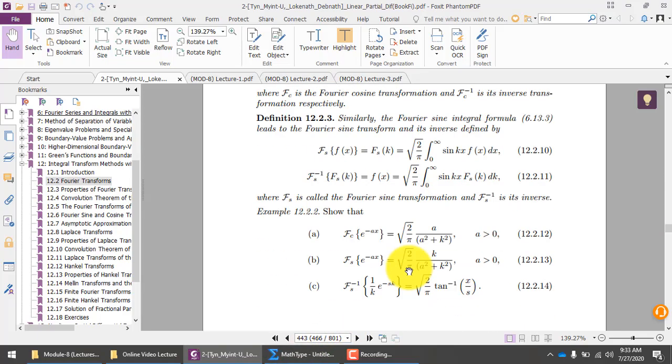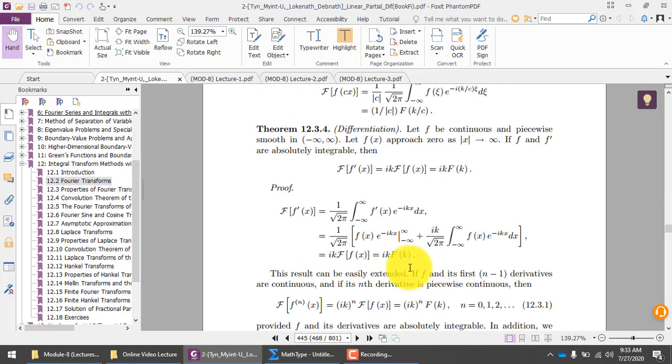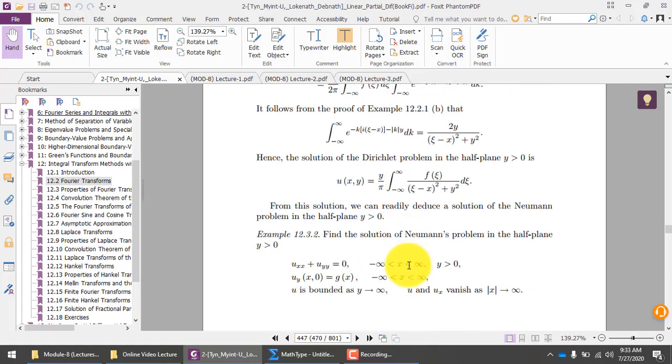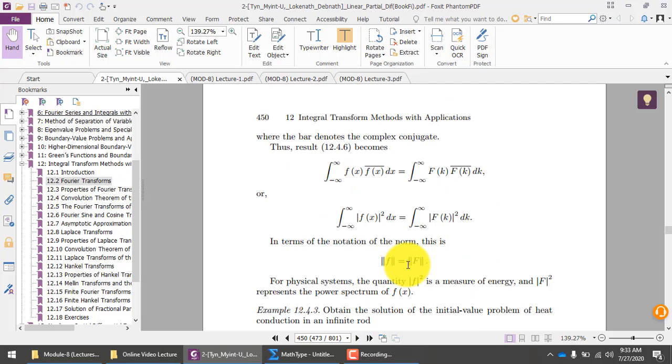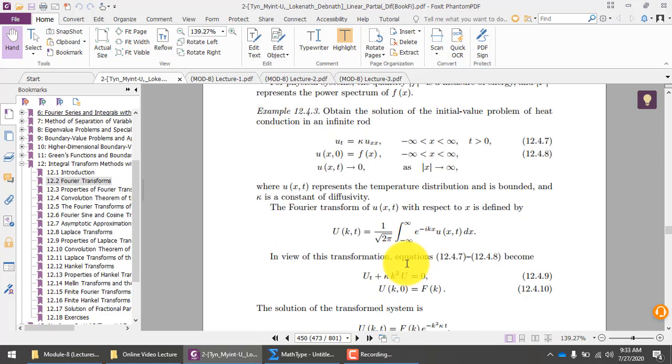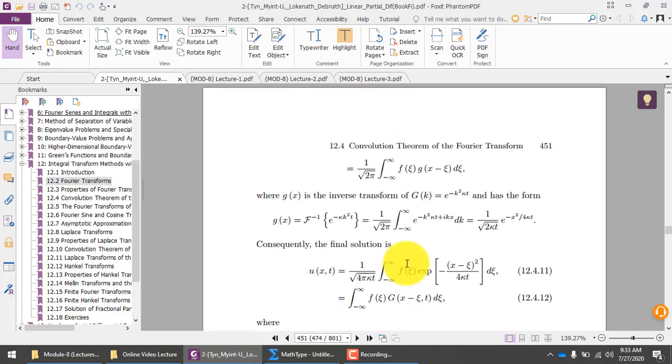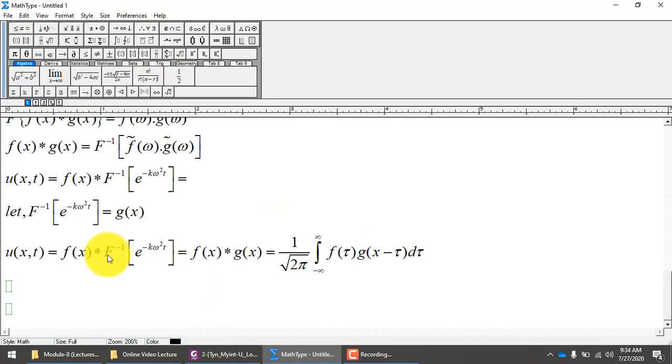But in the book, I am explaining 2 more steps, because these are very helpful and important, so that you can understand some knowledge about 2 more things. Now what we are doing, we are actually applying the convolution, and also we are applying the Fourier inverse of this type of thing. So if you remember, what is the Fourier inverse of this thing?